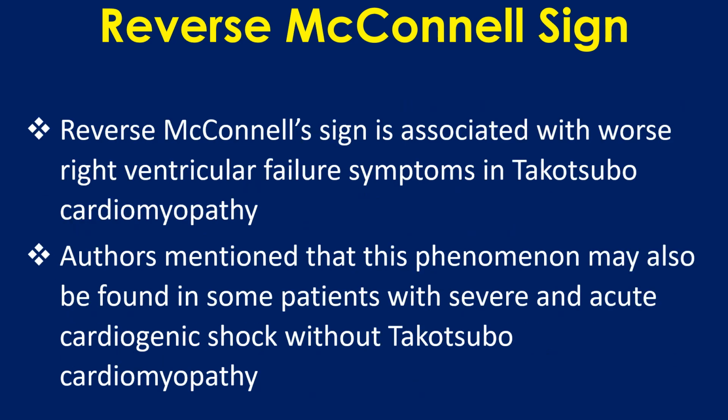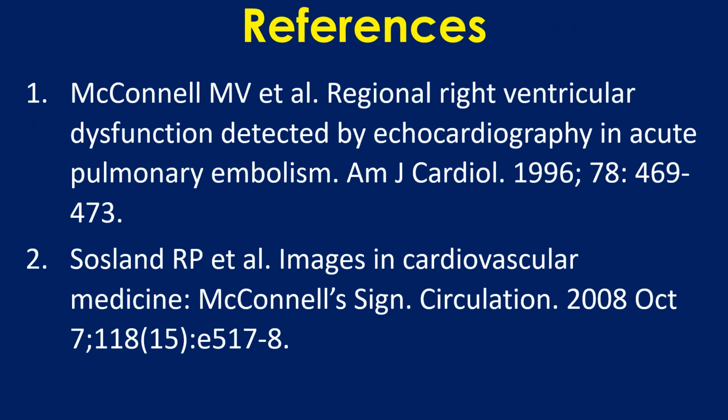Reverse McConnell sign is associated with worse right ventricular failure symptoms in Takotsubo cardiomyopathy. Authors mentioned that this phenomenon may also be found in some patients with severe and acute cardiogenic shock without Takotsubo cardiomyopathy.